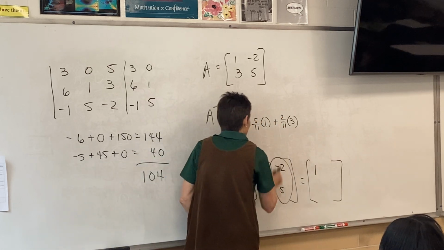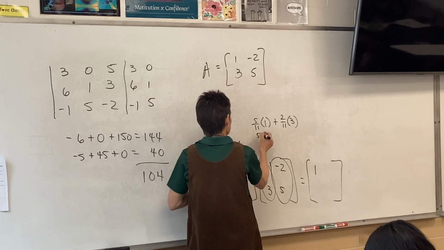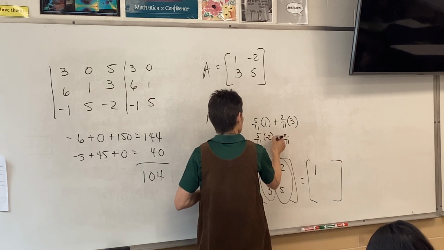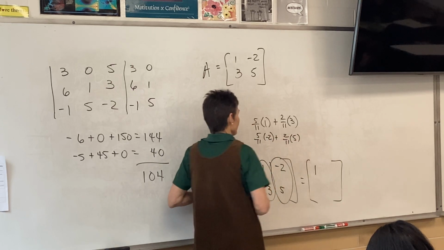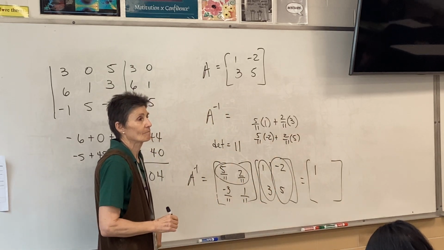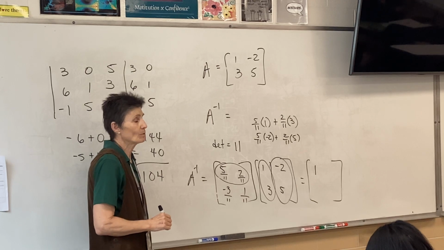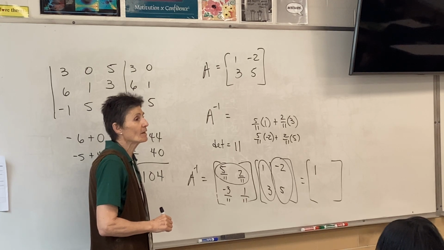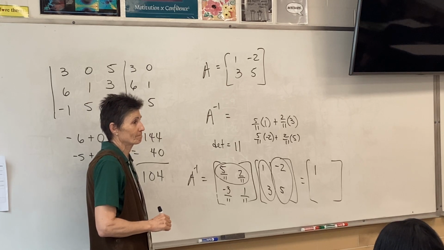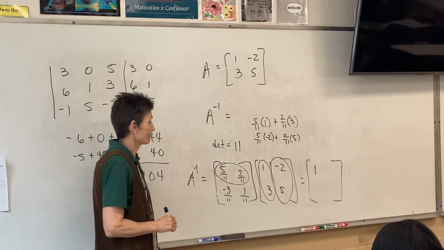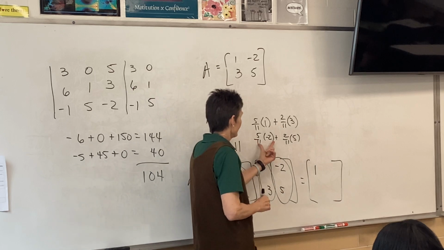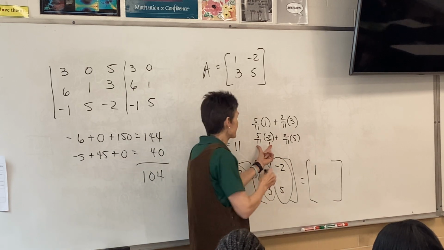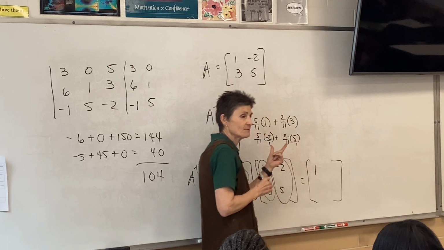All right. 5 11ths, 2 11ths times negative 2, 5. What's going to happen there? No, it's not 1. Kids, you're multiplying. So this is negative 10 11ths, and this is positive 10 11ths.